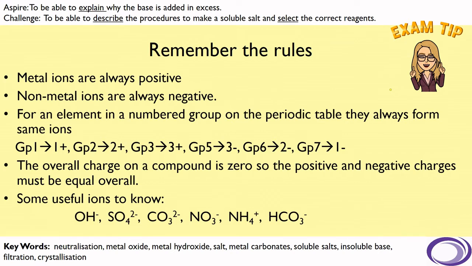And there are a few compound ions that you do need to know about: hydroxide, sulfate, carbonate, nitrate, ammonium, and hydrogen carbonate. These are compounds which have a charge, so they can be involved in these salts.